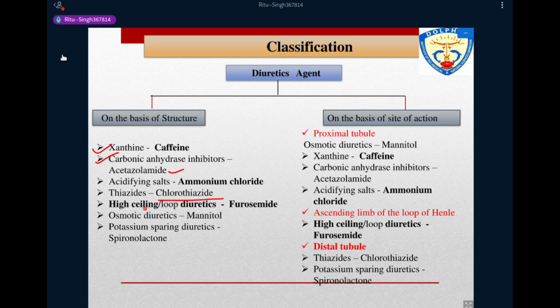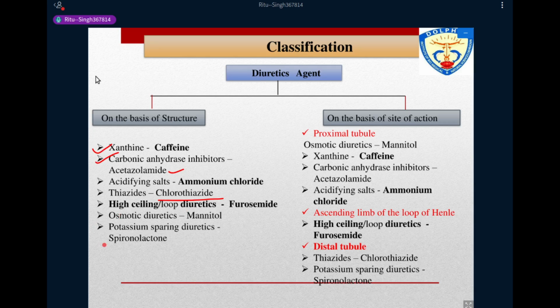They mainly act on the thick ascending limb of the loop of Henle, because the thick ascending limb is permeable to sodium ion but impermeable to water. So these high ceiling or loop diuretics inhibit active reabsorption of chloride ion, sodium ion, and potassium ion, and they give their diuresis action.